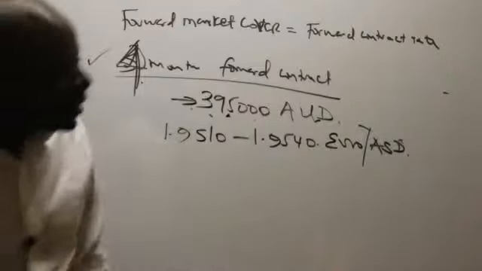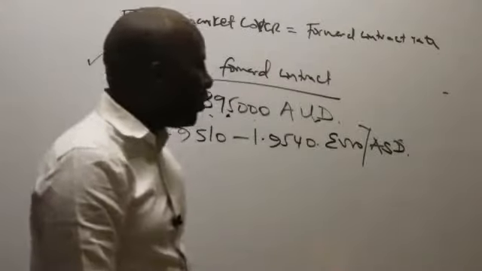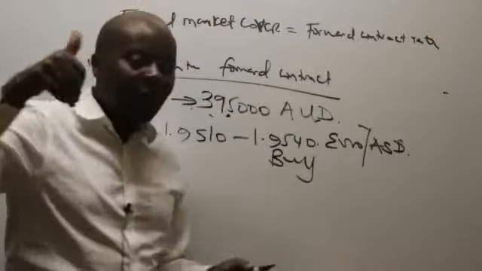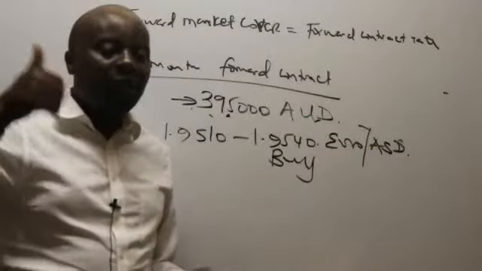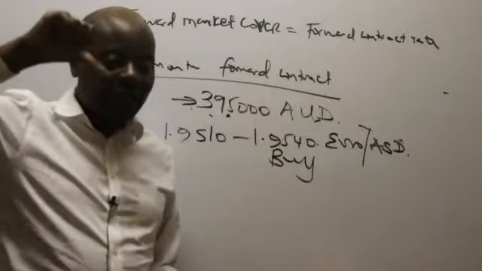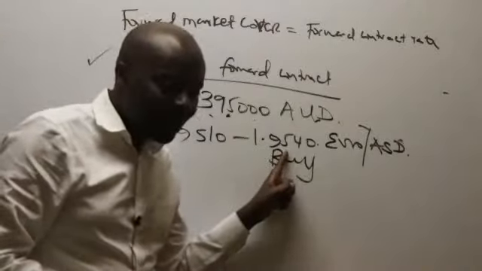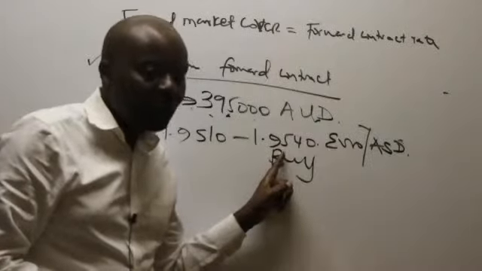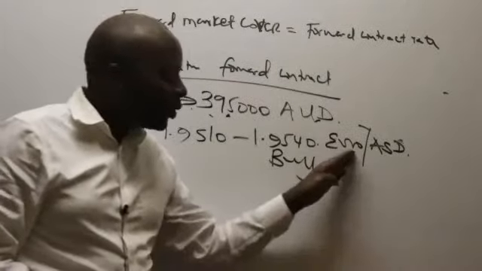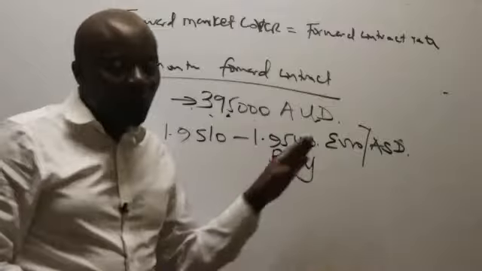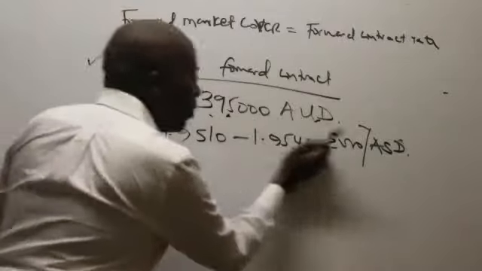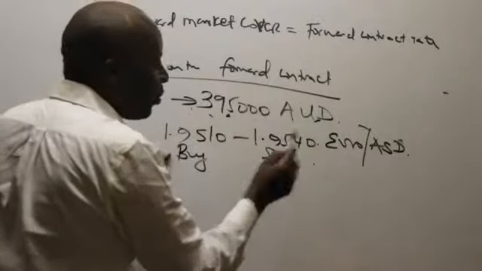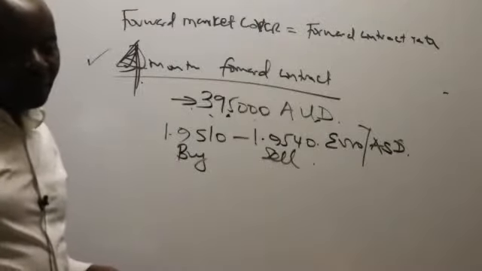So if home currency is the euro, then very fast, I should be able to say this is buy. Will this be the buy? It cannot be. Why? Because euro is on the left side. So in this case here, euro being on the left side, this becomes buy, and then automatically this will become sell.